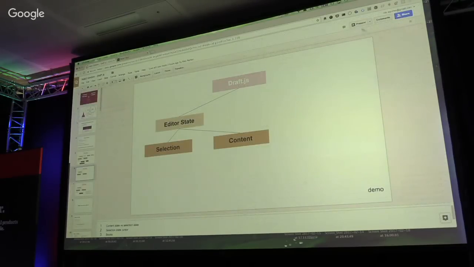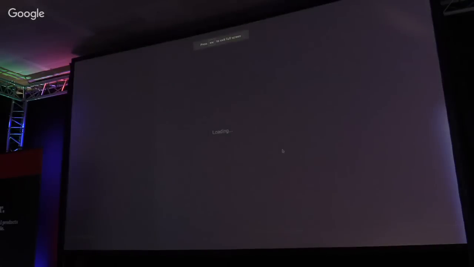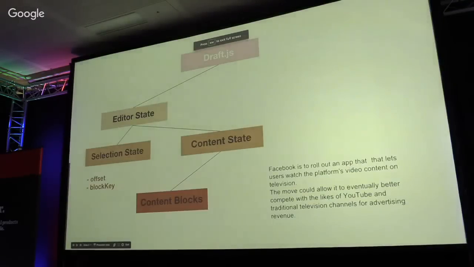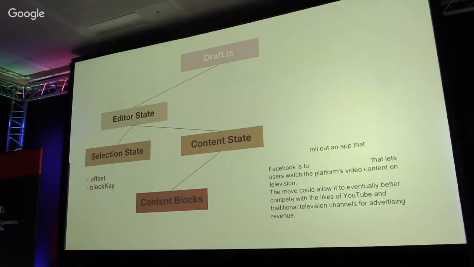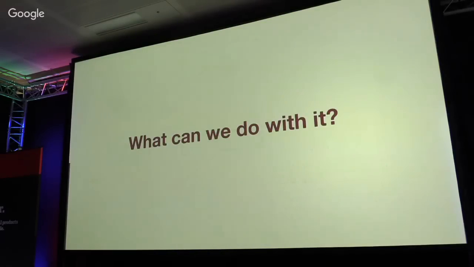So what have we got there? Now we know that we've got a content state made up of blocks and a selection state that gives you the offset and the block key of the start and the end of the selection. So we've got the tools to address our content and address ranges within it. Now Rob is going to talk to you about what kinds of things you can do with those.